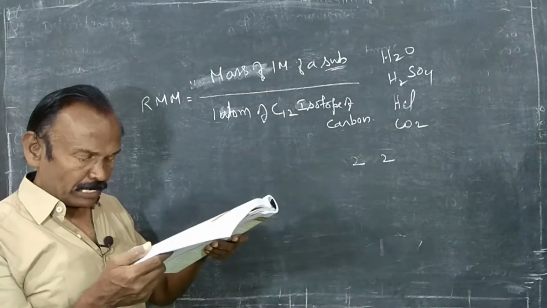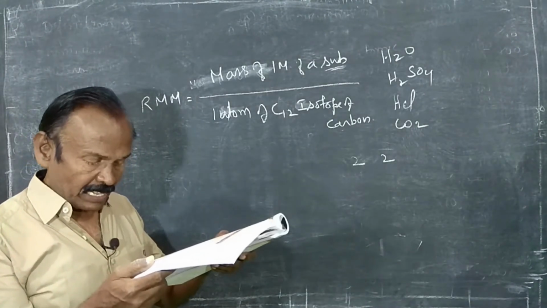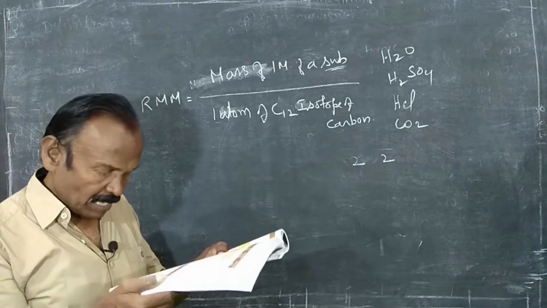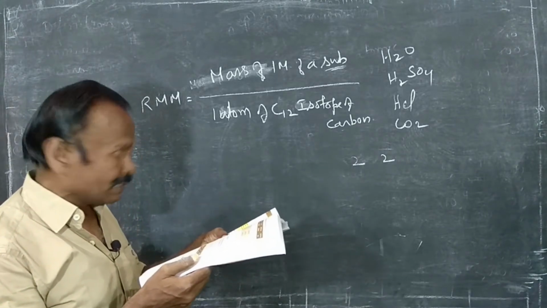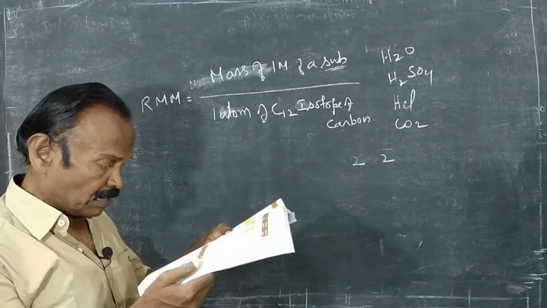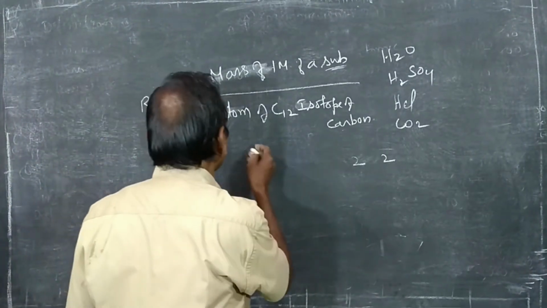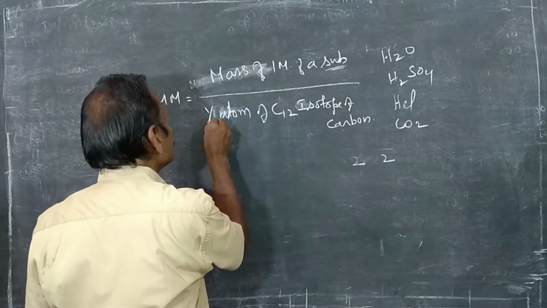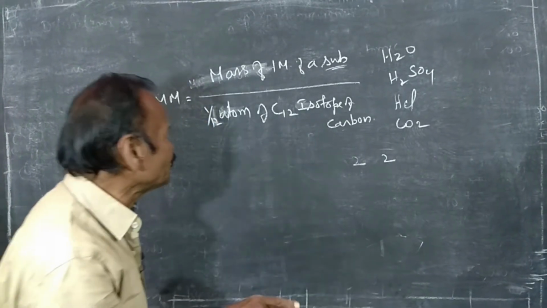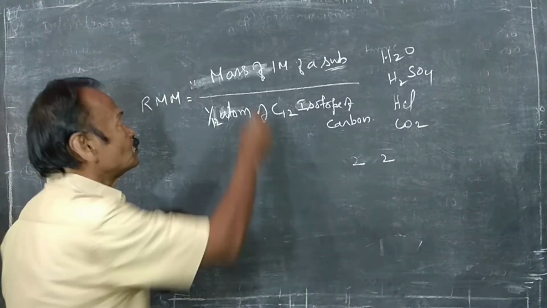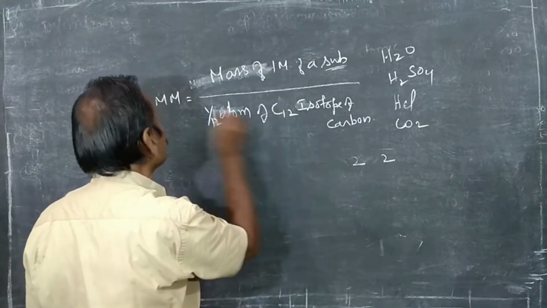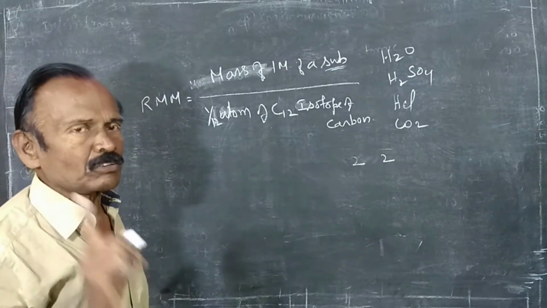Relative molecular mass is defined as the ratio between the mass of one molecule of the substance to 1/12th the mass of a carbon atom, 1/12th of the C12 isotope of carbon. The ratio between these two is called relative molecular mass.